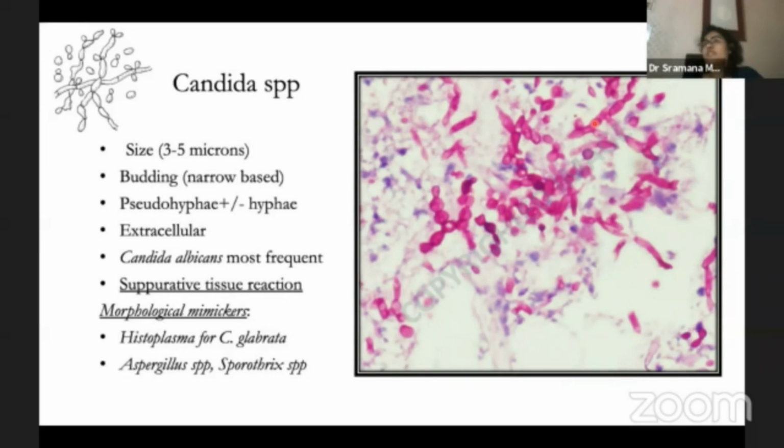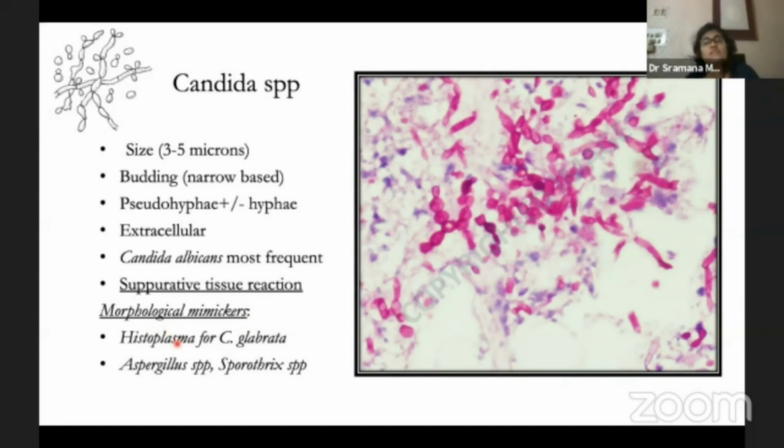Now, there will be morphological mimickers for Candida. It's not always a cakewalk. There are other yeast forms which can cause diagnostic dilemma. What are those? Histoplasma. With which Candida species? With Candida glabrata. And why is that? Because Candida glabrata is a species which will show only yeast forms, and it doesn't usually show any filamentous forms or pseudohyphae.